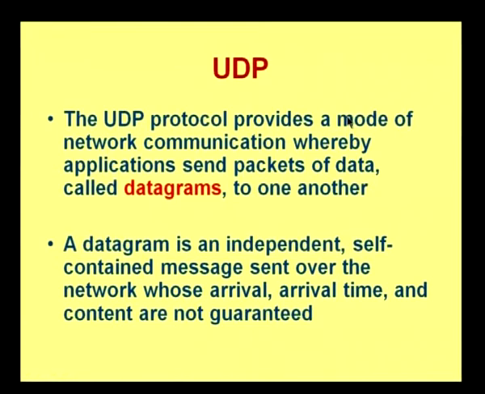So, the UDP protocol provides a mode of network communication whereby applications send packets of data called datagrams to one another. A datagram is an independent, self-contained message sent over the network whose arrival time and content are not guaranteed. So, here we have a packet of data, and this packet is nothing but an instance of the datagram packet. I need to create a datagram packet and then send it across the network through the datagram socket.